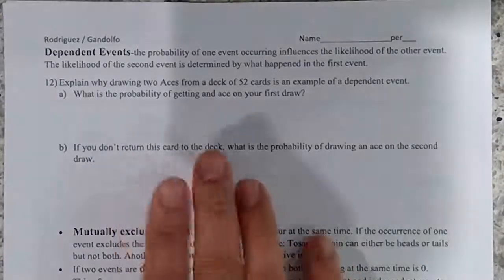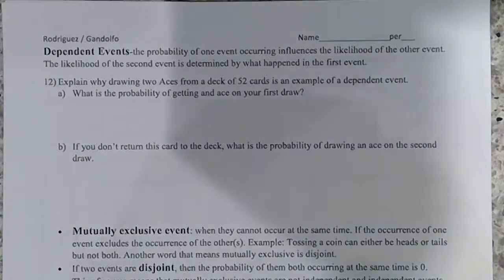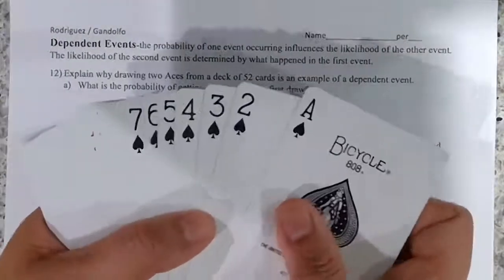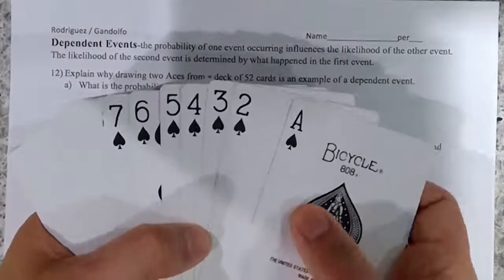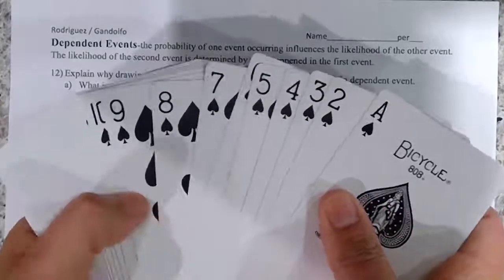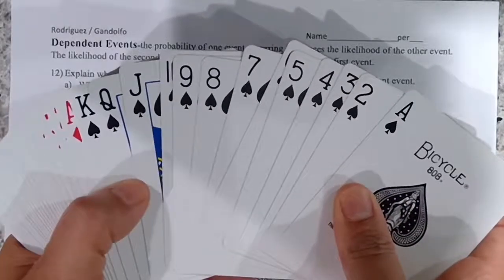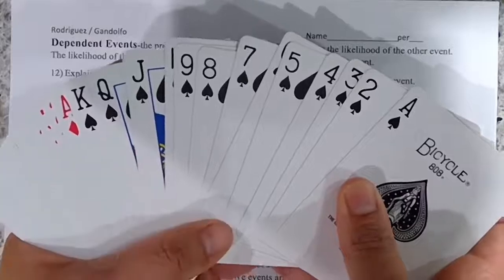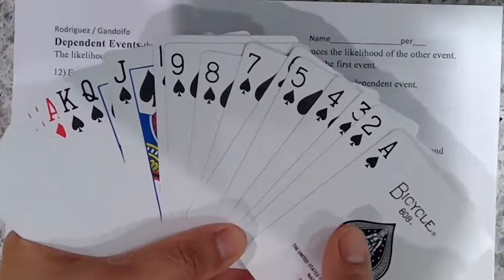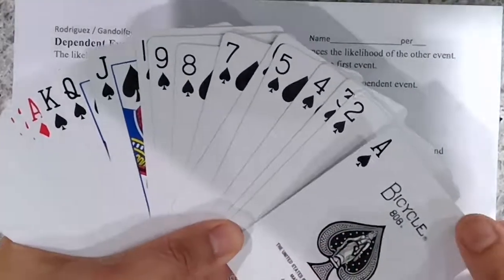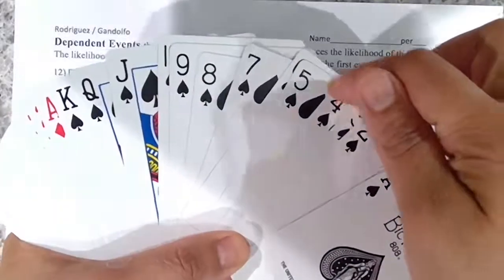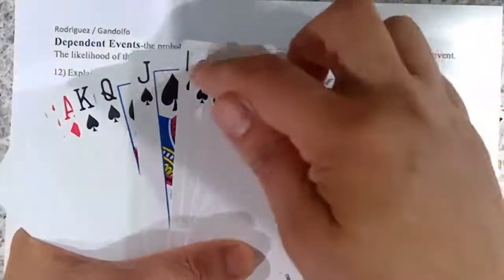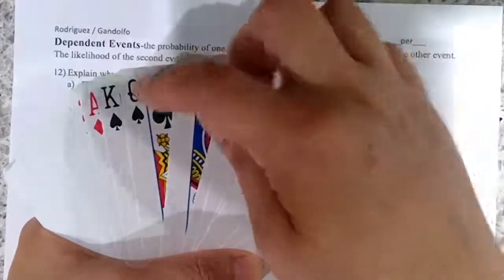Sometimes they're going to ask you questions about card decks. Before we get to the question, I just want to make sure that you understand how a deck of cards works. You have all the different suits, and they go from A through K. So this would be your 1, 2, 3, 4, 5, 6, 7, 8, 9, 10, 11, 12, 13.